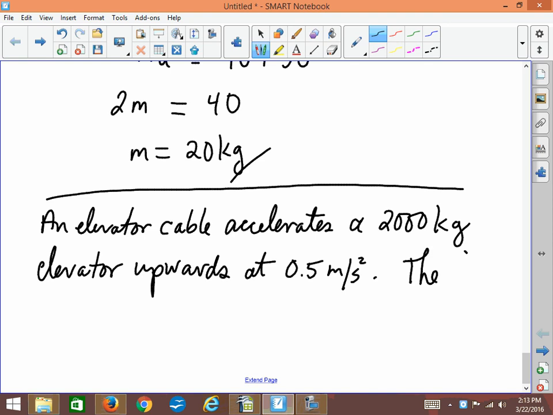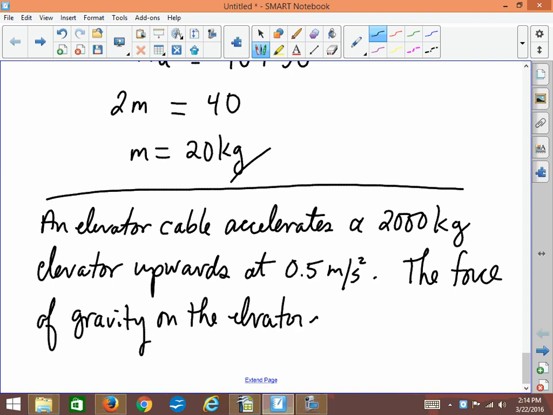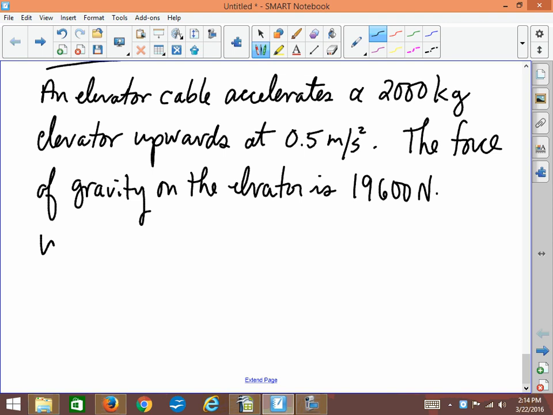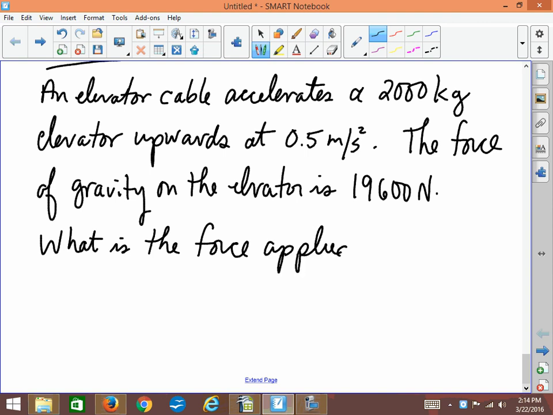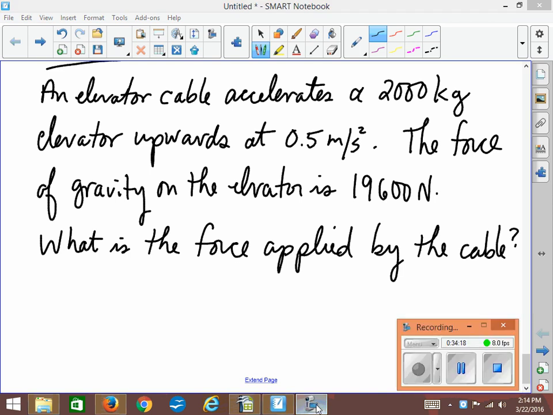The force of gravity on the elevator is 19,600 newtons. What is the force of the cable? What is the force applied by the cable? That'll give you a hint as to what kind of force that is. Okay, go ahead and try that, and we'll come back in a second after you've had a chance.